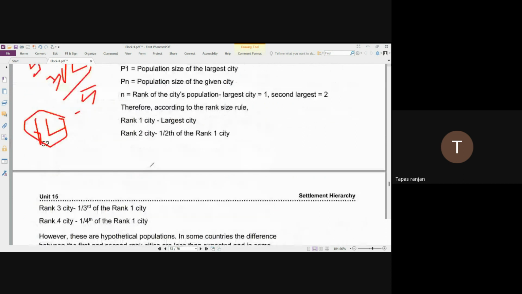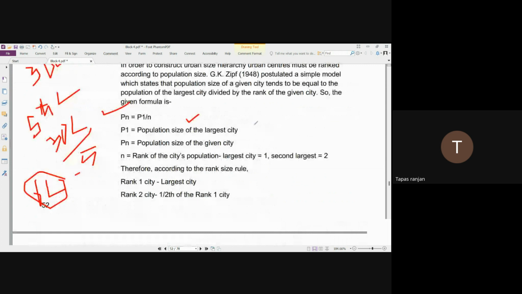And we have already also discussed the deviations. Okay, what are the different deviations that we have already discussed? If we perform it in a graph, if this is the rank size, then there will be some binary elements, and there will be some primate elements.